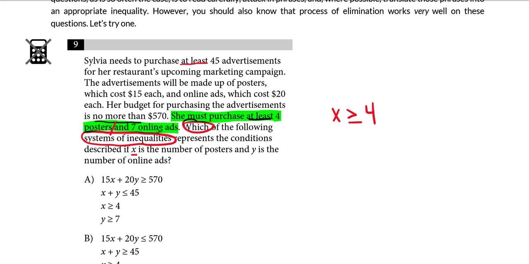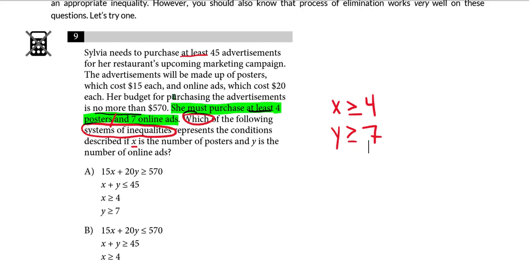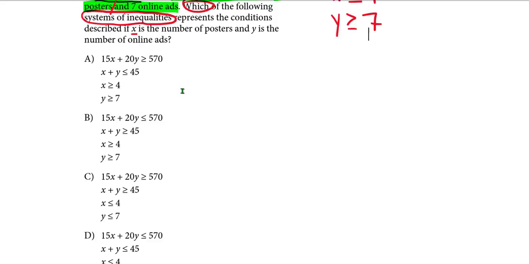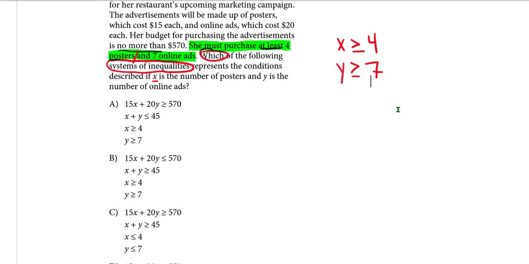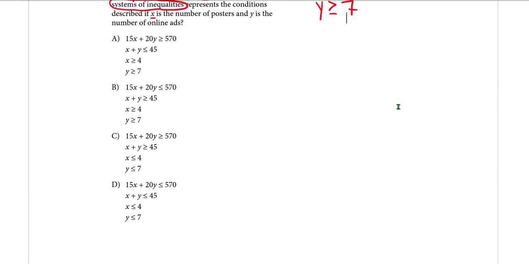And I'll go ahead and do the online ads. We could go to the answers and start eliminating some answers based on X is greater than or equal to 4, but I'm going to go to the at least 7 online ads. So that means Y must be greater than or equal to 7. Let's see if there are any answers that we can eliminate just based on these 2 inequalities, and indeed there are.